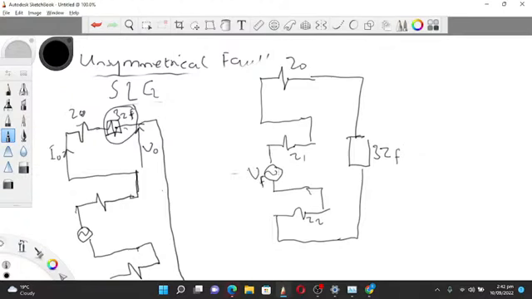So this is what you have for a single line to ground fault.